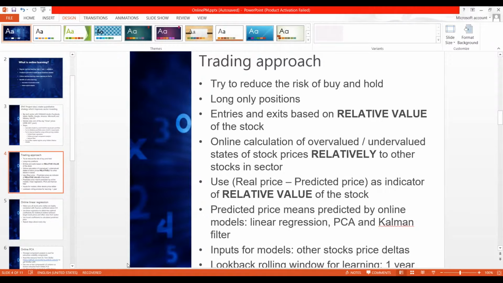I use online day-by-day calculations to determine undervalued and overvalued states of a stock relative to other similar stocks in the sector. So the key point is the relative value of the stock. How do I calculate it? I calculate it as real price minus predicted price from some model, which is based on other stock prices in the sector.